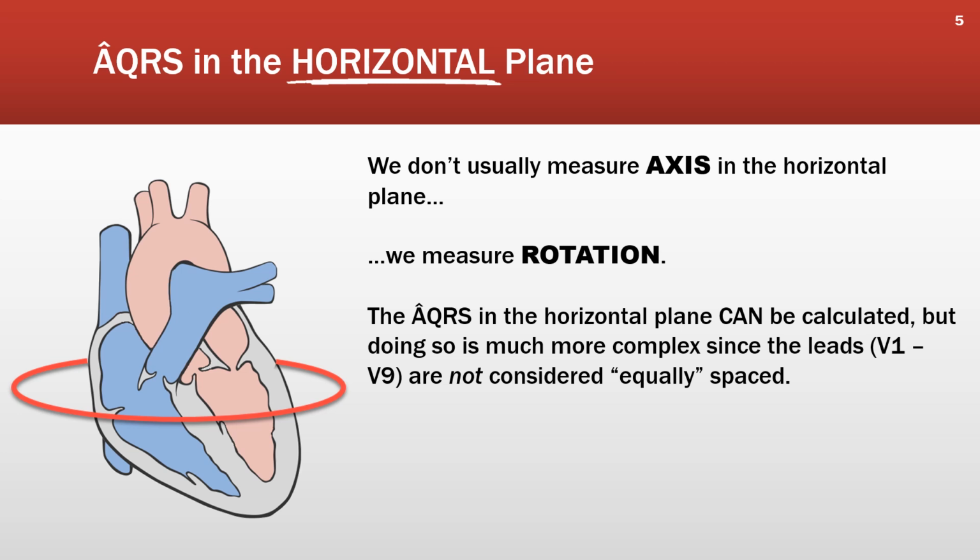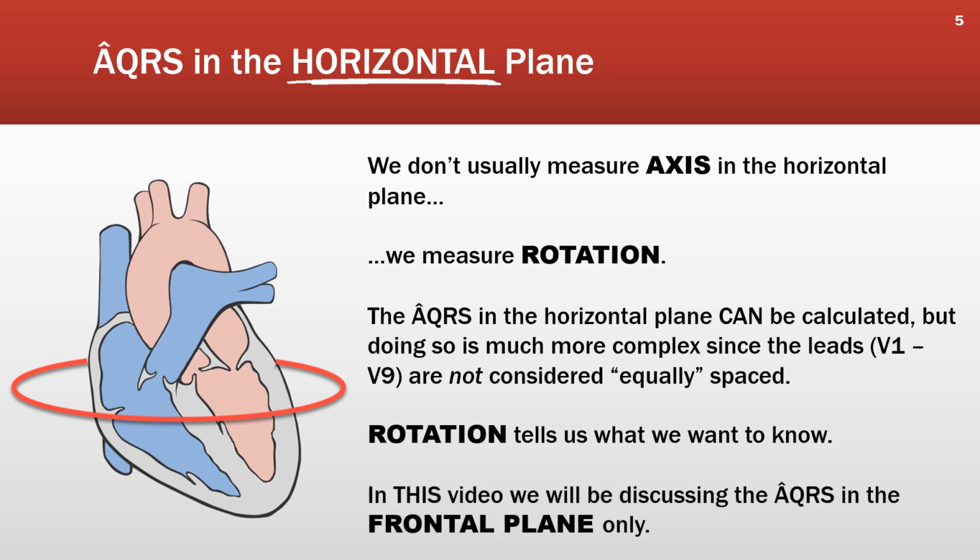Now, to be perfectly honest, the leads in the frontal plane are not really equally spaced, but we can consider them so, and it works quite well. Not so much with the horizontal plane. Rotation tells us what we want to know. So in this video, we will be discussing the mean QRS axis in the frontal plane only.